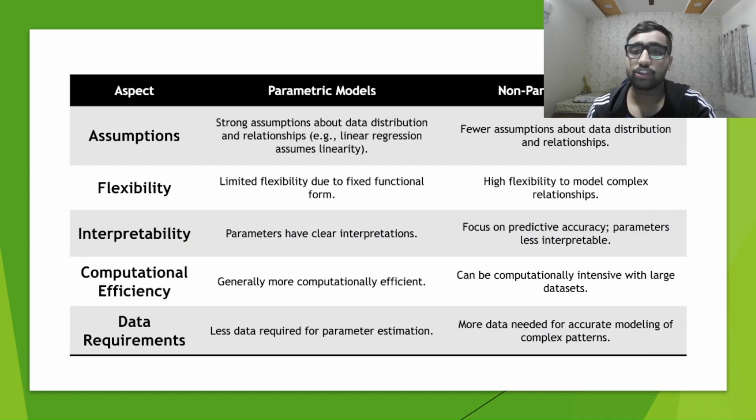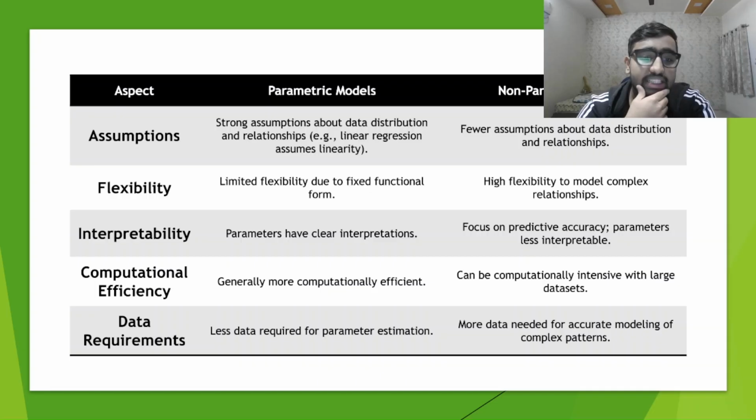So the main focus of the non-parametric models is not to build certain parameters which are clearly interpretable, but to focus on the predictive accuracy. Computational efficiency. Parametric models are generally more computationally efficient, whereas the non-parametric models can be computationally intensive, especially with large data sets.